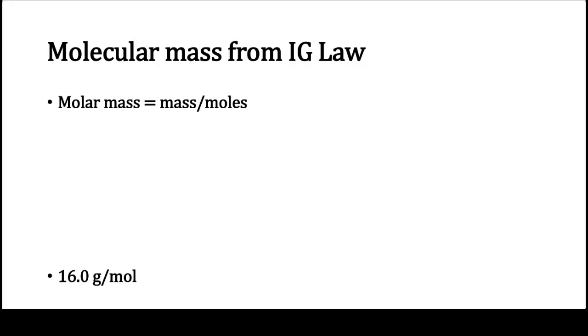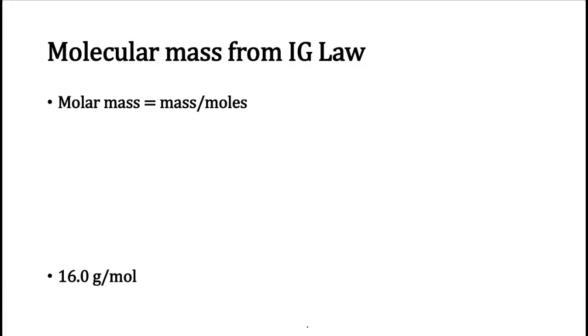So the first thing is, if we know the density of a gas, we know that density is equal to mass over volume. Okay, well, let's think about what the ideal gas law is. So the ideal gas law is PV equals nRT.